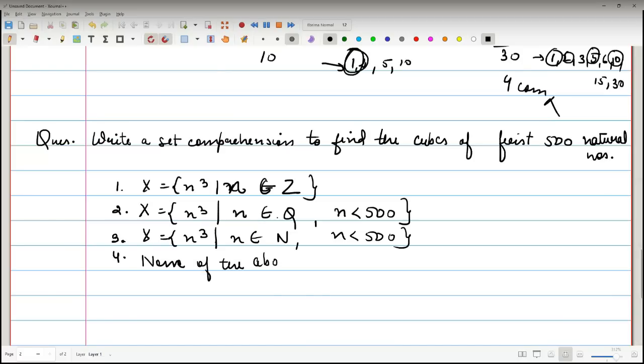What is the right answer? Only one option. Yeah, one option is correct. Third option. Okay, let's see what others have to say.